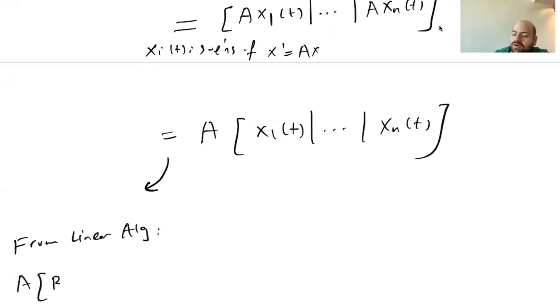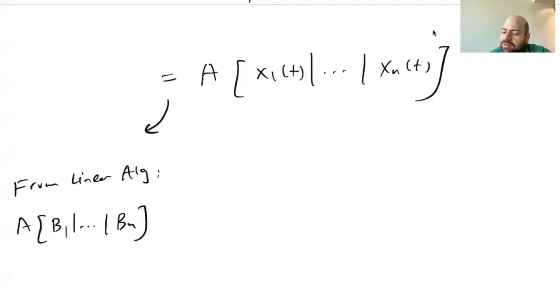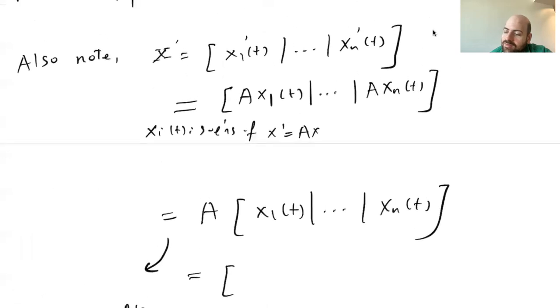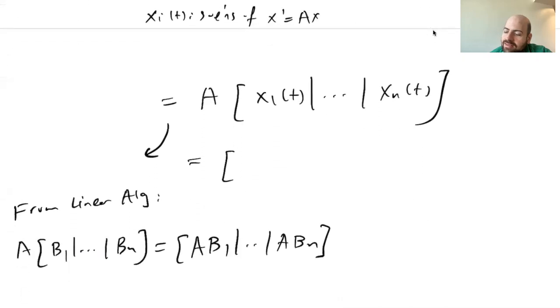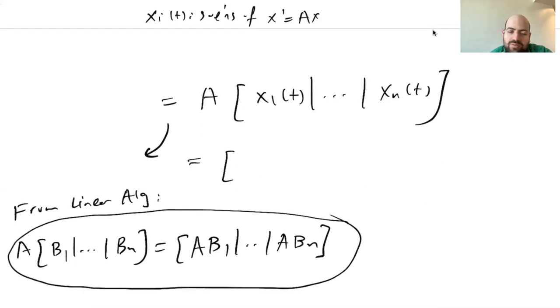If b1 to bn are columns of a matrix B, then we can multiply A with B in this way: A times B, with columns b1 to bn, can be written as Ab1 to Abn.